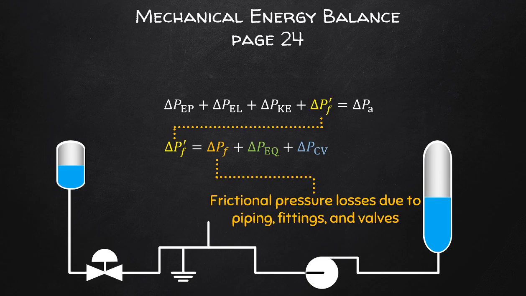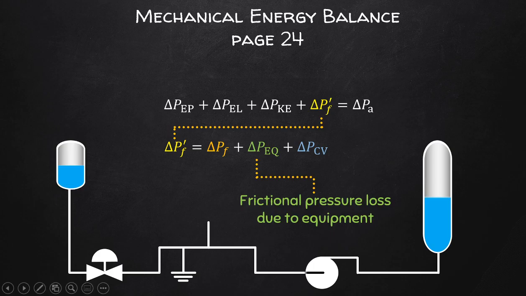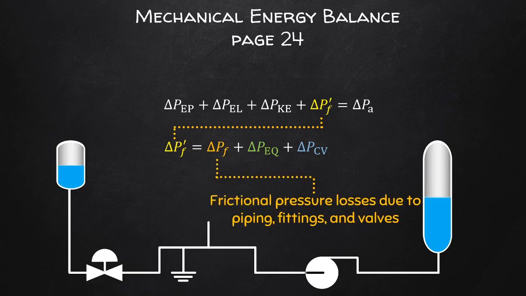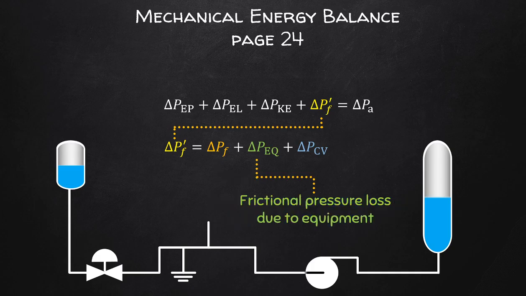The fourth term, the frictional losses term, comprises various aspects of flow, not just friction due to the pipe fittings and valves, but also the loss due to equipment in the process, as well as the control valves.